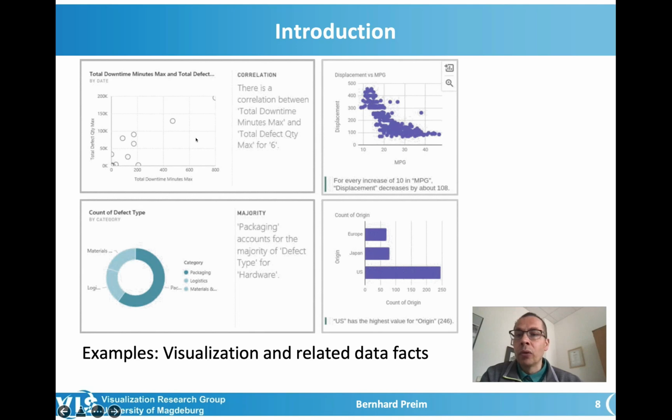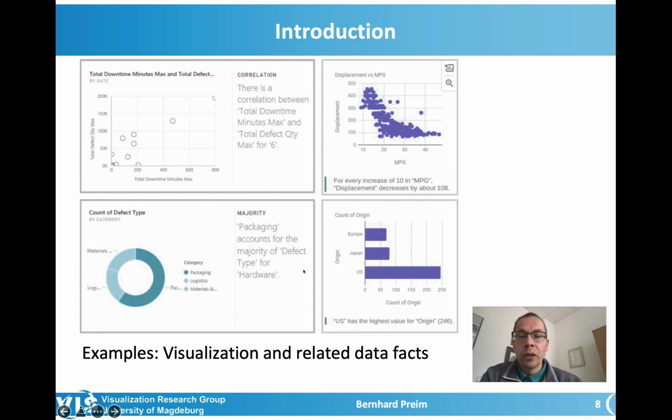This here is about defects, downtimes in minutes, and total defects in a certain range. So here a correlation is commented, here the majority is commented, so the one entry in this donut chart that occupies more than half of the space.